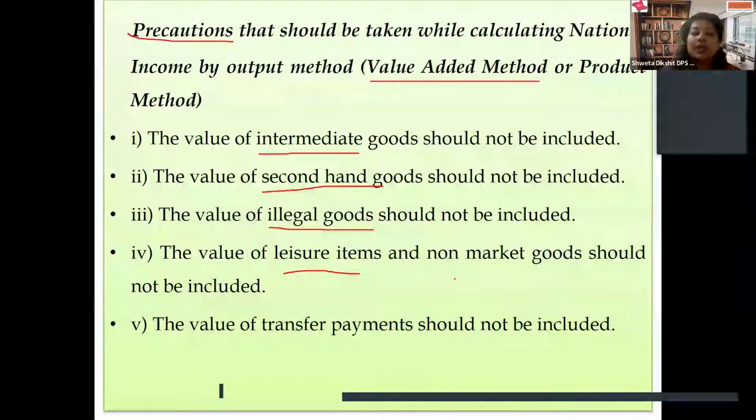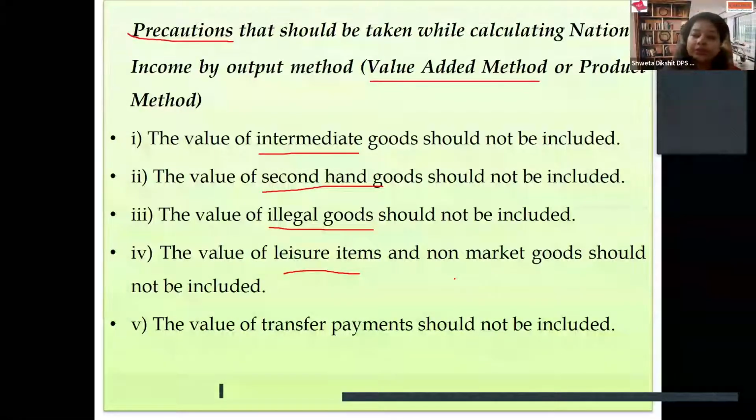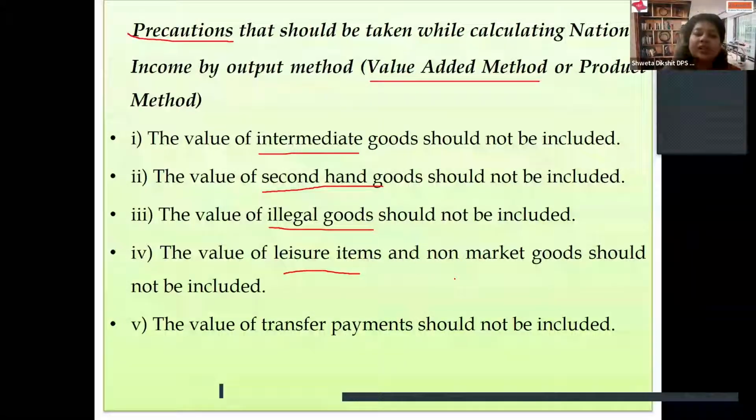That means the non-market goods should also not be included. There are so many things which some people retain with them for their hobby or for their leisure or for their extravagance. They are not to be a part of national income. This is their personal leisure. This is their personal hobby. This cannot affect the national income.